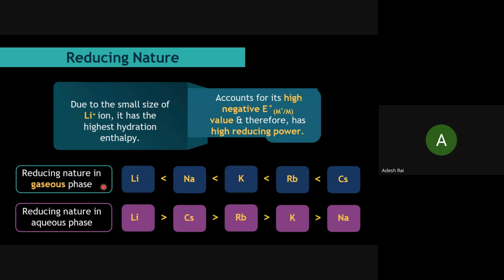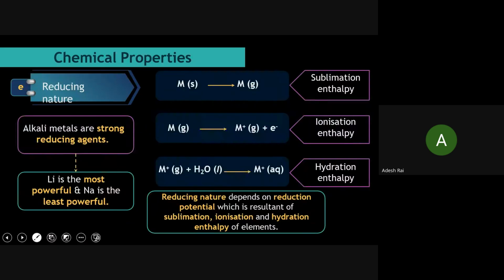So in the gaseous phase, it is the same order that we have discussed. But in the aqueous phase, you have to remember the order. Why? Because in the aqueous phase, the reducing nature is a combined study of ionization enthalpy, hydration enthalpy, and sublimation enthalpy.